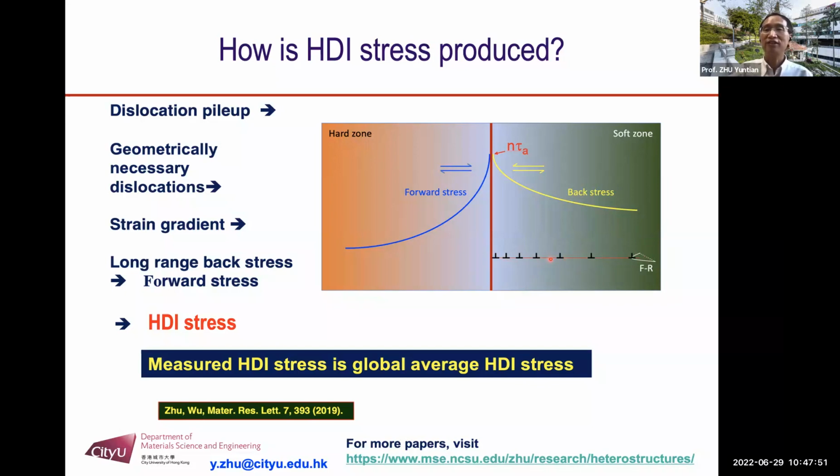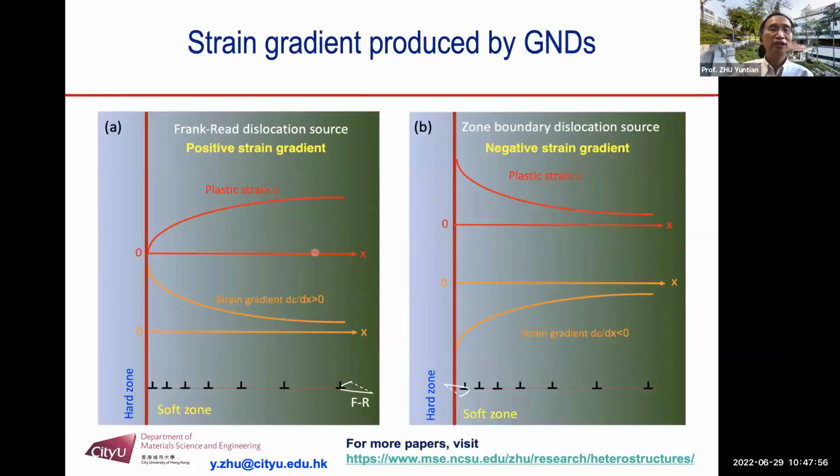Here it's like 7. So if you plot this strain for this type of Frank-Read source, the strain is 0 at the interface and becomes very high at the Frank-Read source. This is a strain distribution. The derivative of this profile is the strain gradient.